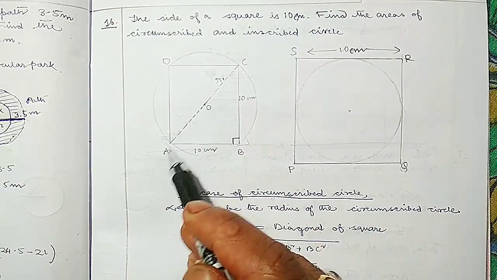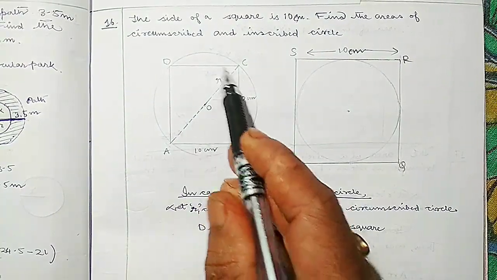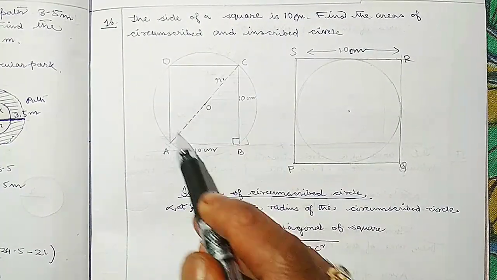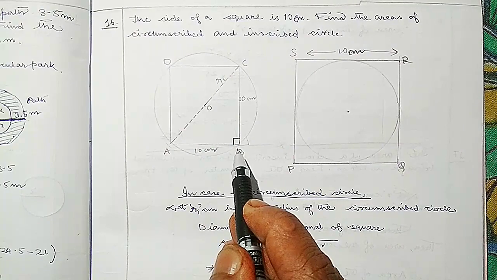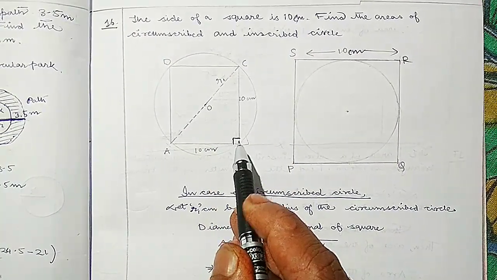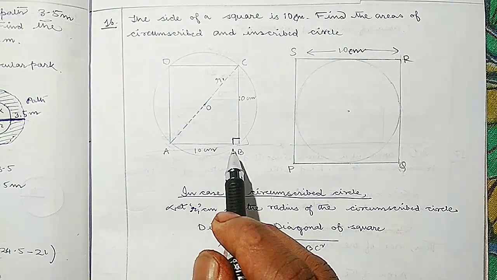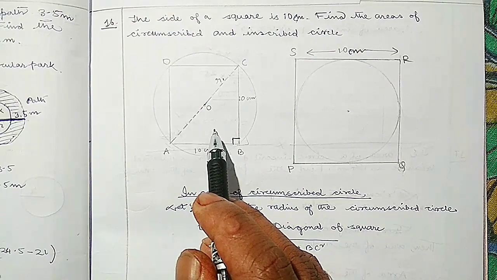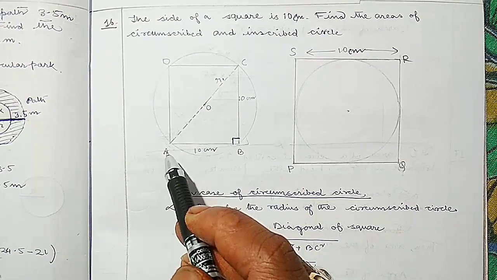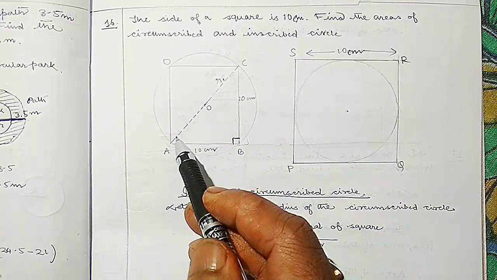In this case, we don't know the diameter of the circle, and here this diameter will be the diagonal of the square. Now in this square, this side is 10 centimeter, this side is 10 centimeter and this angle is 90. If I consider the triangle ABC, which is a right angle triangle, we can use Pythagoras Theorem, and by applying Pythagoras Theorem, we can calculate AC, which will be the diameter of the circle.